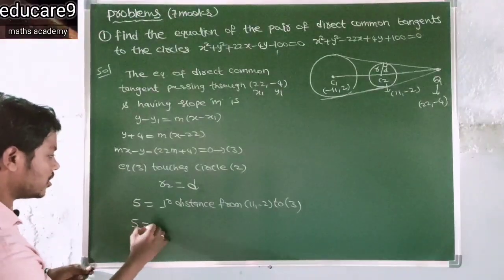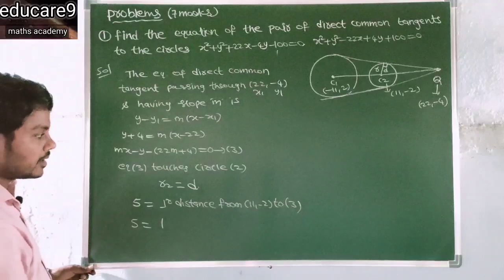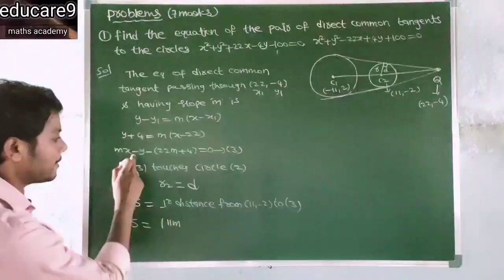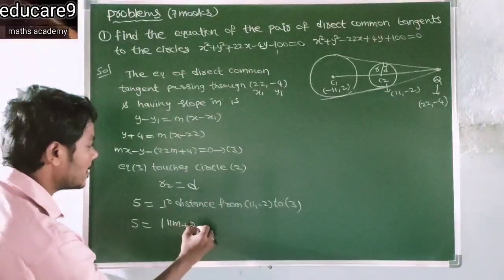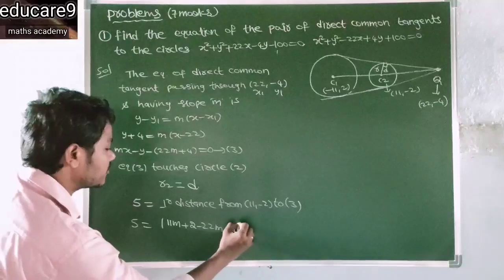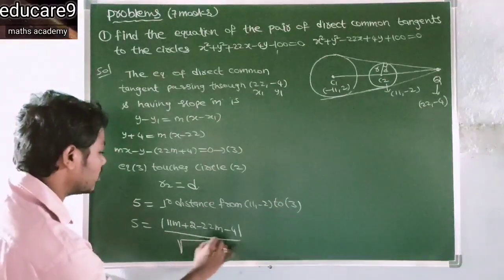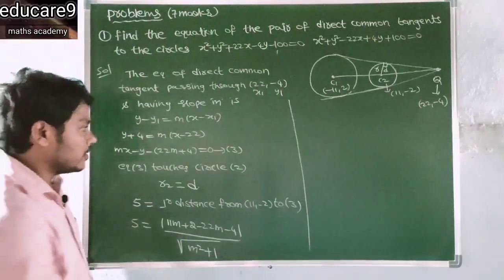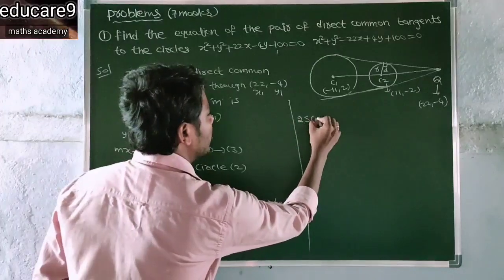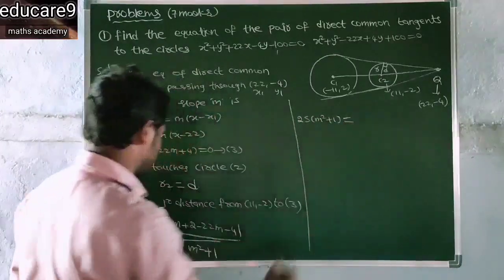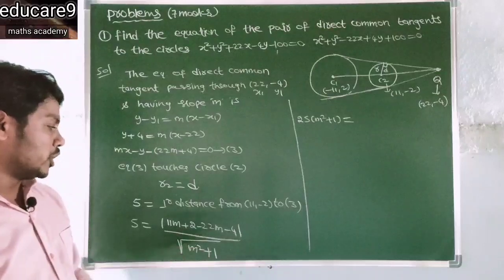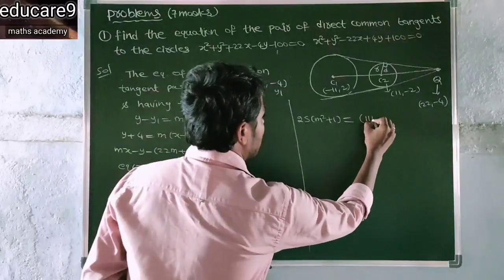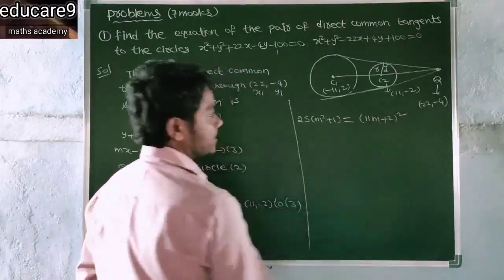So that is 5 is equal to modulus of m into x1, that is 11m, minus y, that is plus 2, minus 22m minus 4, divided by square root of m square plus 1. Squaring on both sides, cross multiplication, what you get? 25 into (m square plus 1) is equal to (11m minus 22m minus 11m minus 2, that is 11m plus 2) whole square.